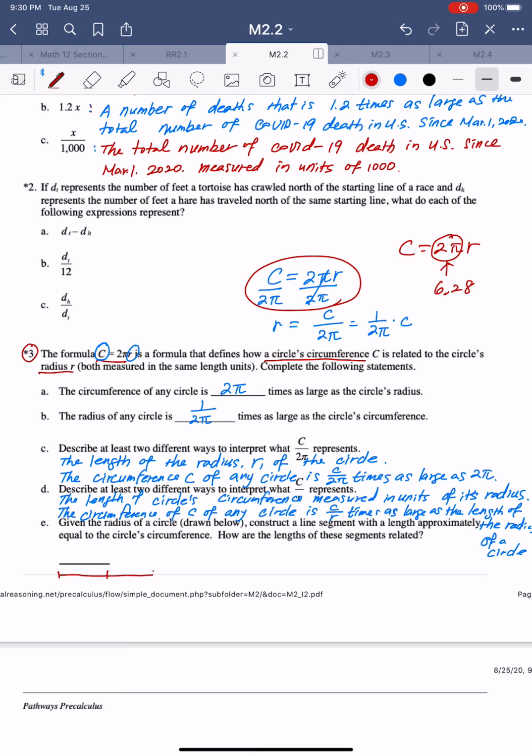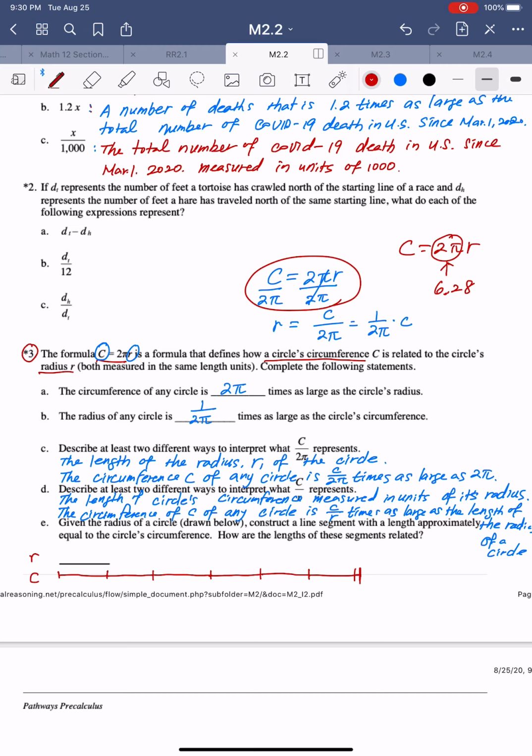And then 2, and 3, the same thing, 4, 5, 6, and then I only have to go a little bit more to point to it. Maybe about here. So this is the length of r, which is the radius, and this is the length of the circumference, because the circumference is always approximately 6.28 times as large as the radius of the circle.